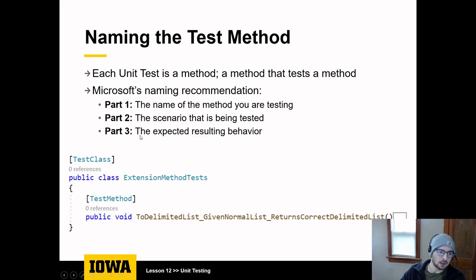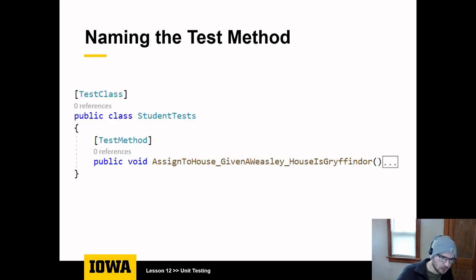And part three should state the expected resulting behavior. So if we call toDelimitedList with a normal list, it should return a correctly delimited list. It's pretty formulaic how you develop this name. So that's how we get to the name.